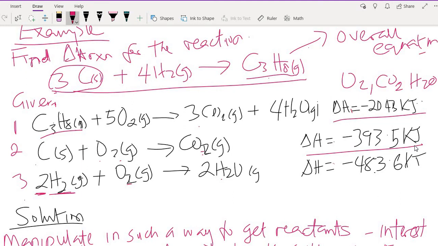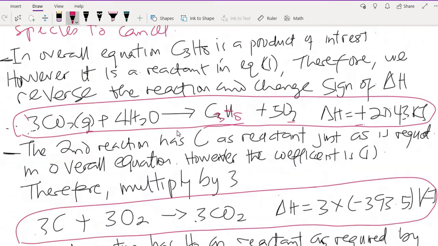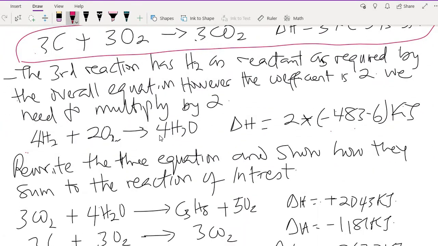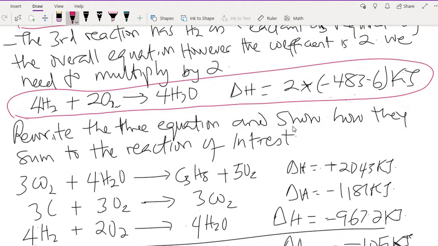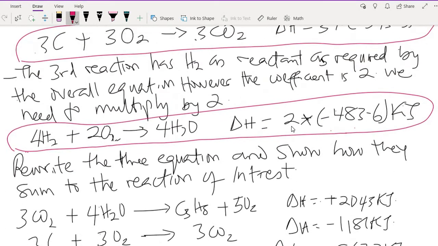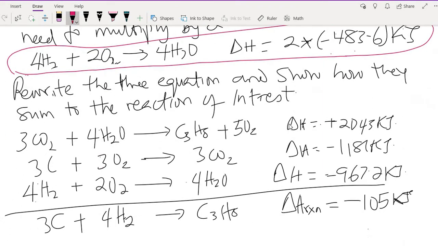And whenever we do that, as usual, by multiplying by a factor of 2, we have to multiply our delta H also by 2. So this gives us a new equation here. We have 4, 2, and 4. We multiply by 2. We can rewrite these 3 equations so that we can remove all the other species that we do not want.